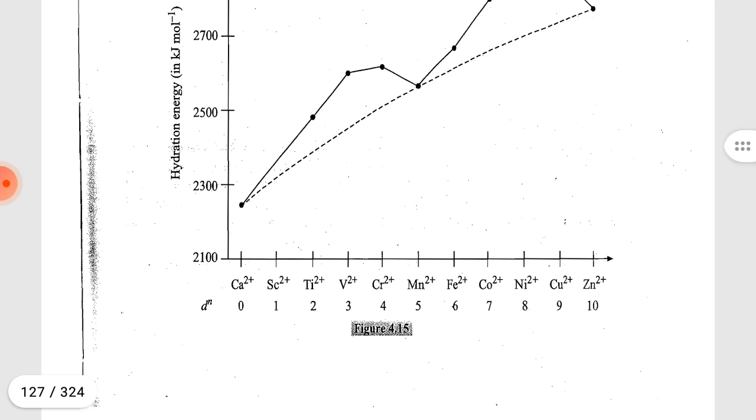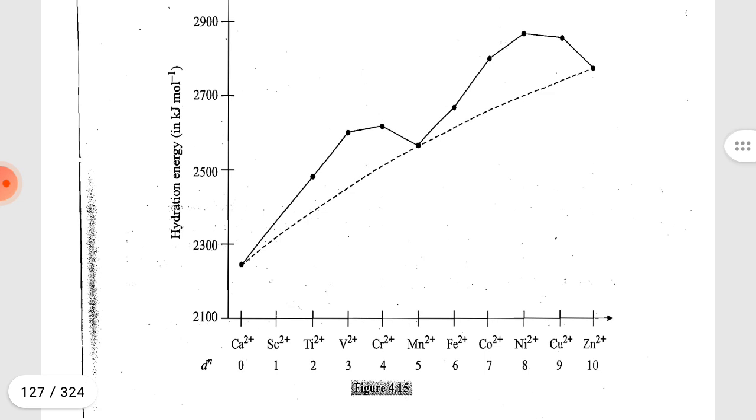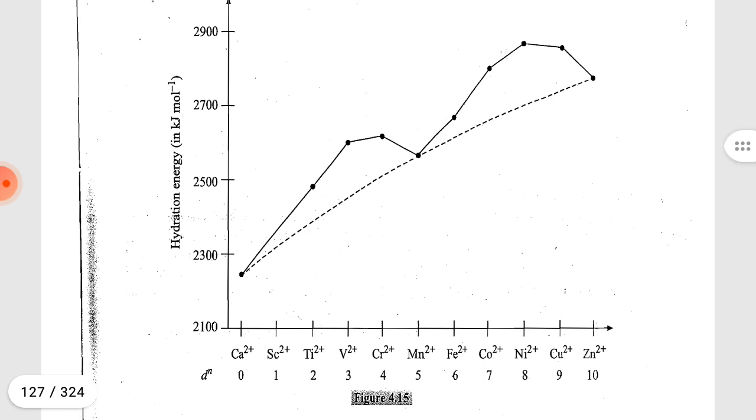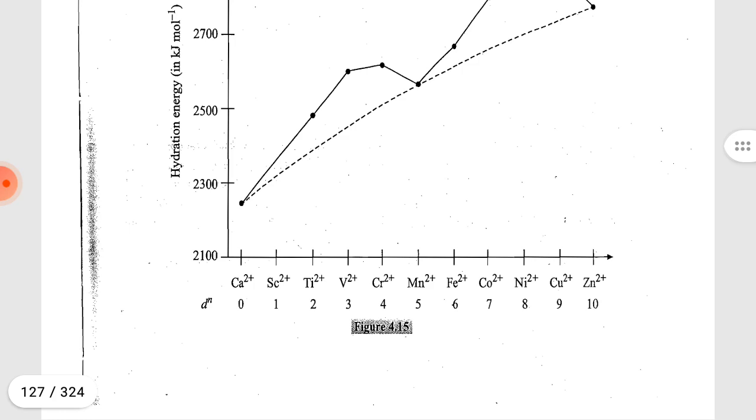Hydration energy is increasing from calcium to vanadium, then decreasing from chromium to manganese. Then hydration energy is increasing from manganese to nickel, then decreasing from nickel to zinc.